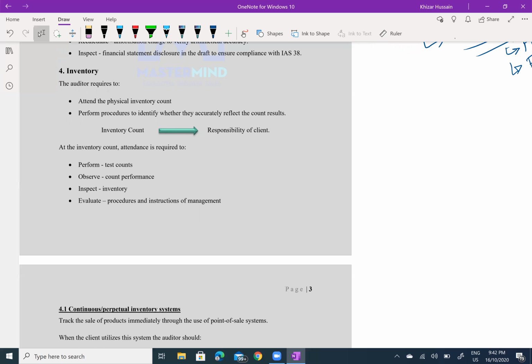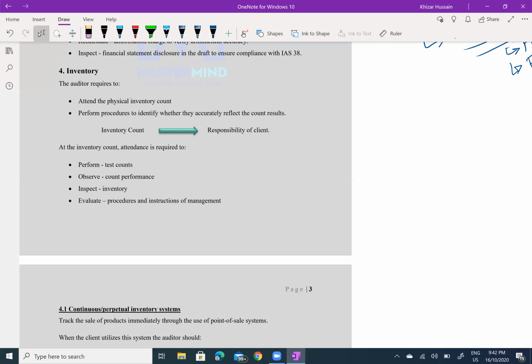What is the second one? Hello. Yes, sir. What's the second one? NRV. All right, net realizable value.